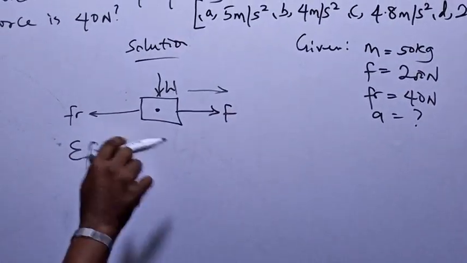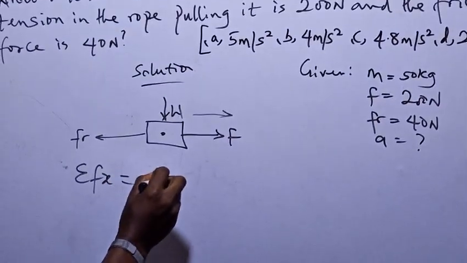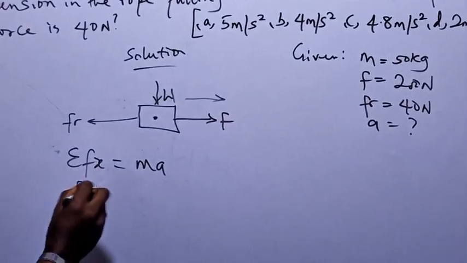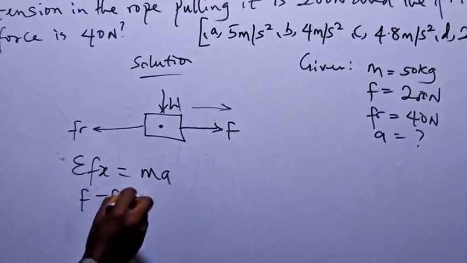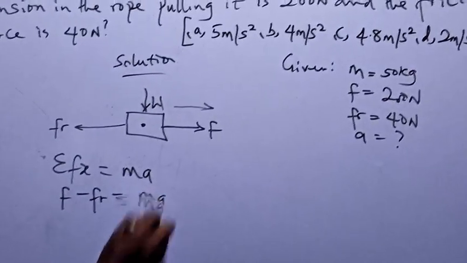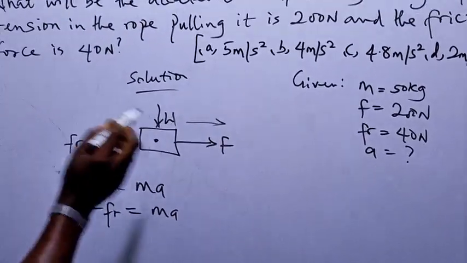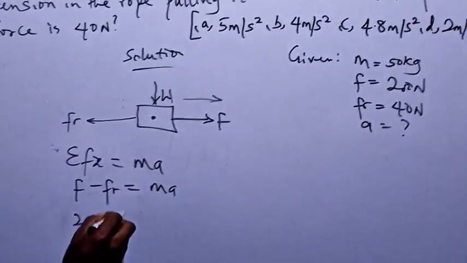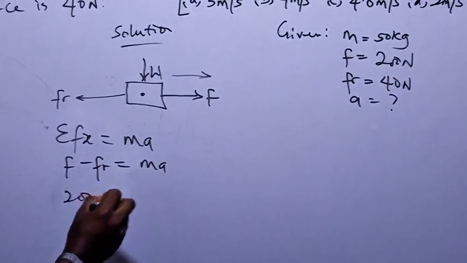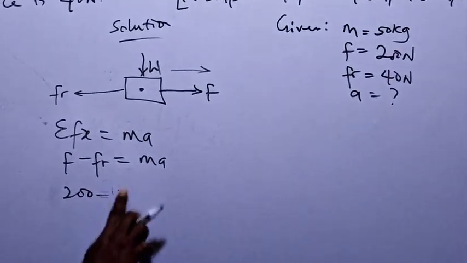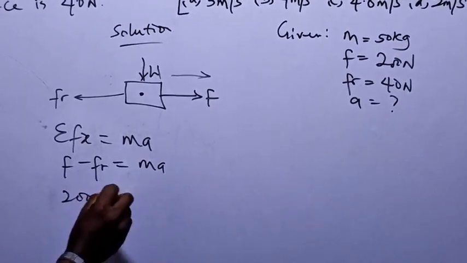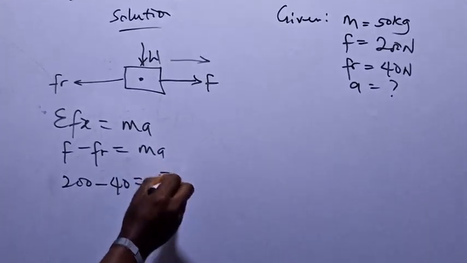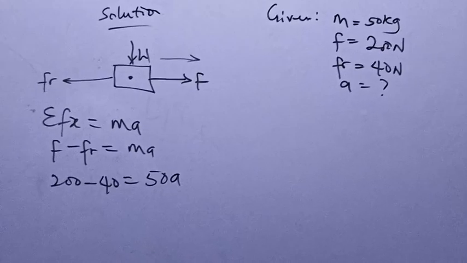Now summation Fx, which is the total force on the body pushing the body, is equal to mass times acceleration. Now we have that the force minus frictional force equals mass times acceleration. The force given here is 200 Newton minus frictional force, which is 40 Newton, equals the mass, which is 50, multiplied by acceleration.